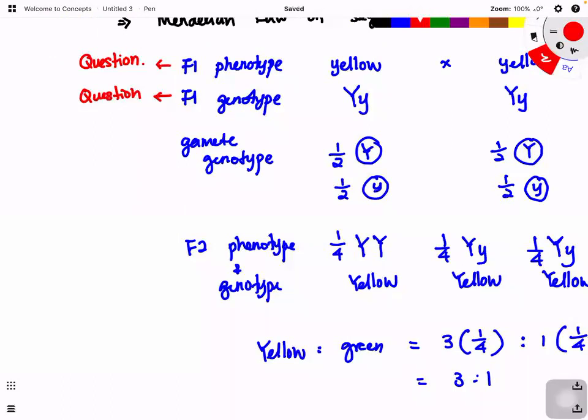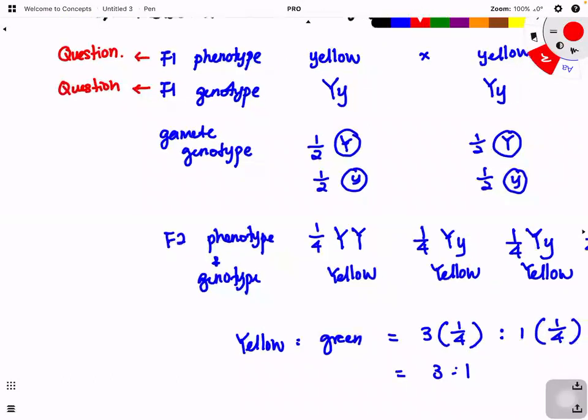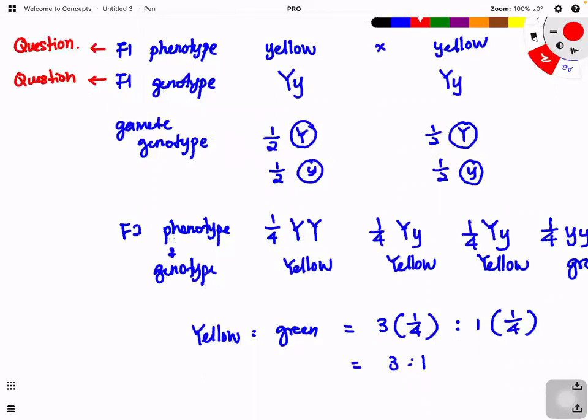Then for the gamete genotypes, first, you need to have the probability. Second, you need to have the circle for the gamete genotypes. So this you must know.